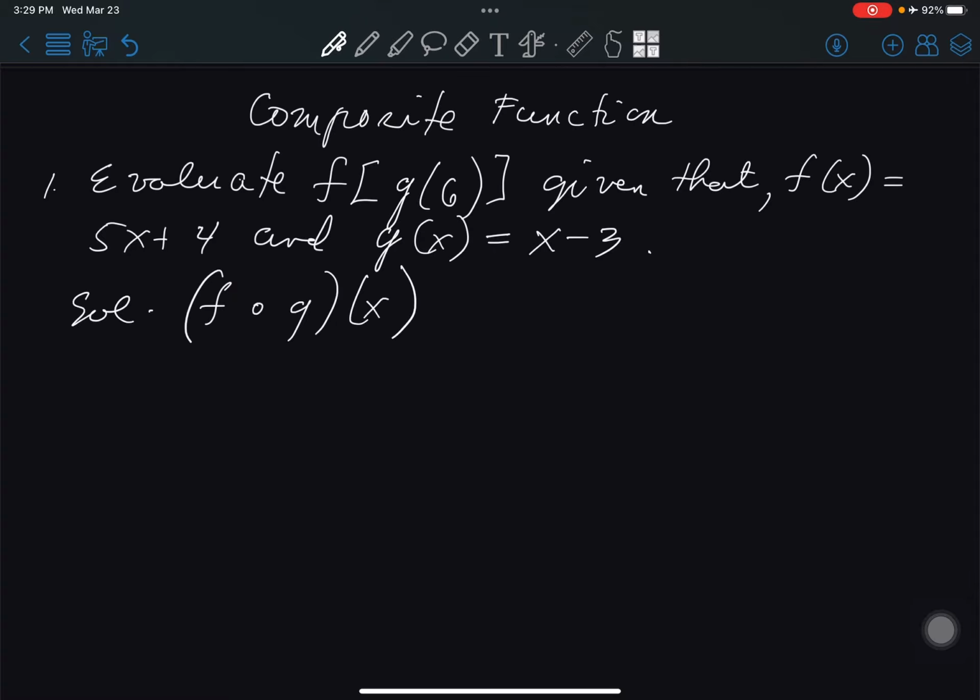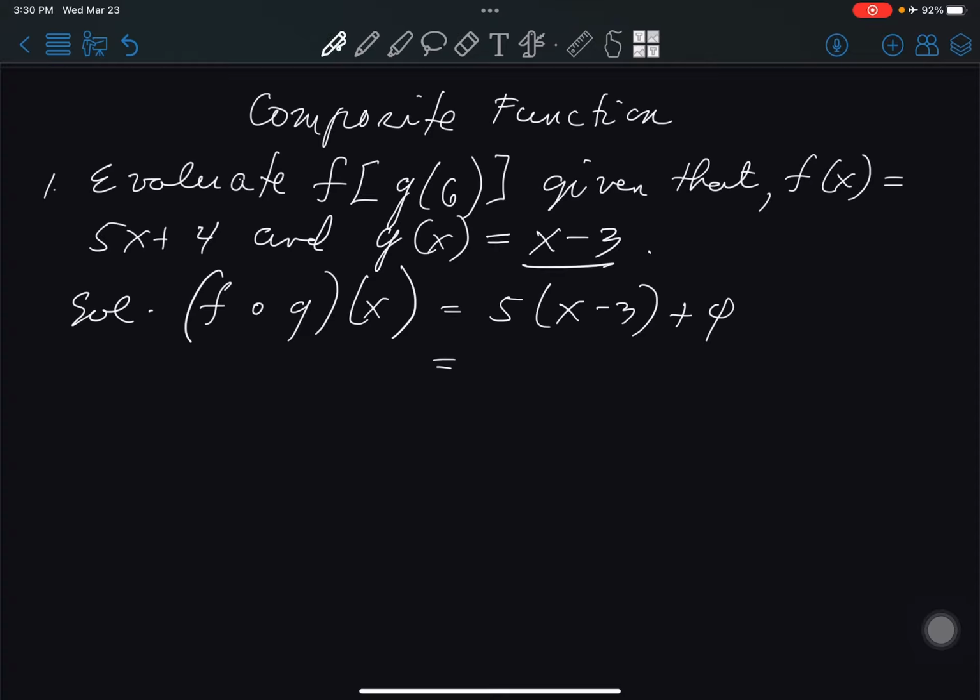Again, our outer function is f of x and our inner function is g of x. Now our outer function 5x plus 4, we have 5x, but your x here will be replaced by x minus 3. So we have x minus 3 then plus 4.